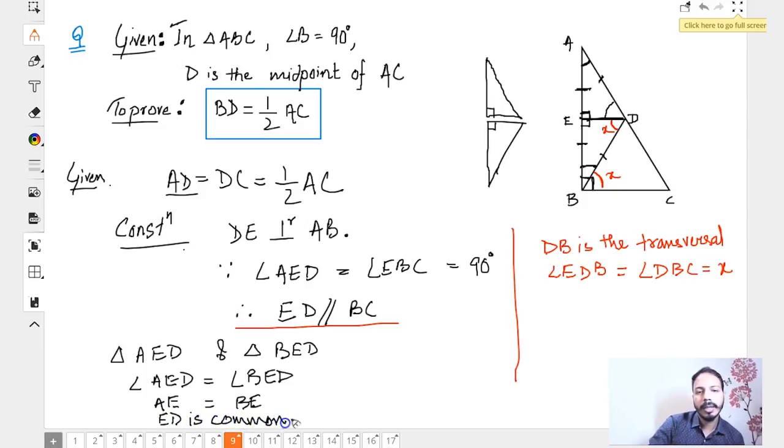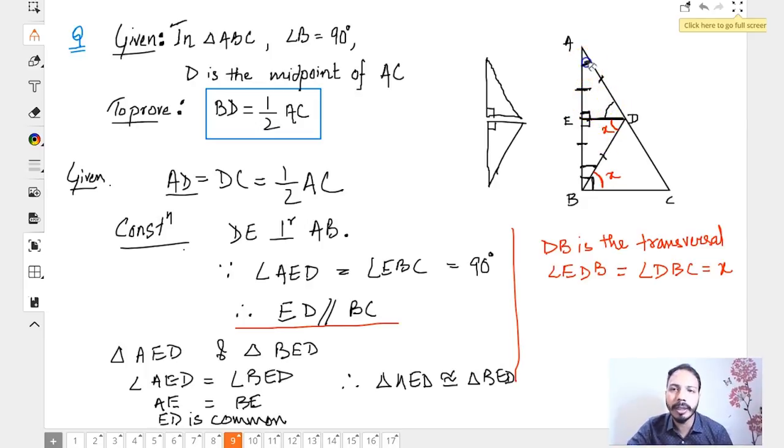So I can easily say that by side angle side theorem, these two triangles are congruent, therefore triangle AED is congruent to triangle BED. Now if these two triangles are congruent, this angle is equal to this angle. That means angle DAE is equal to angle DBE.